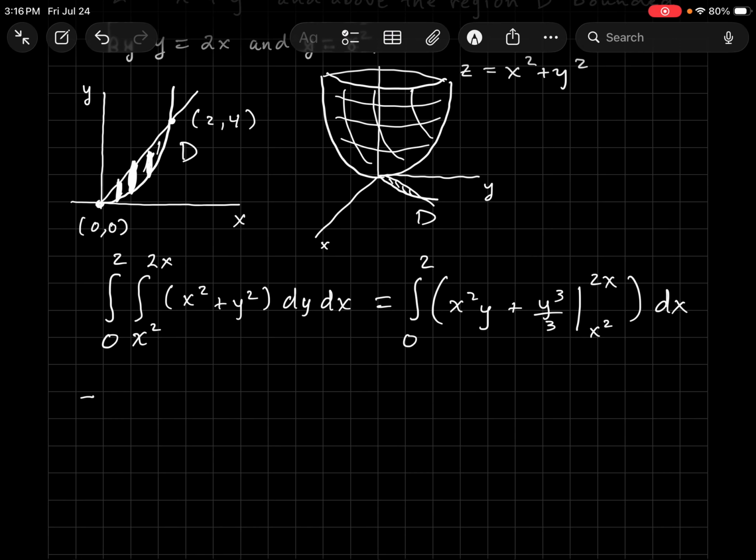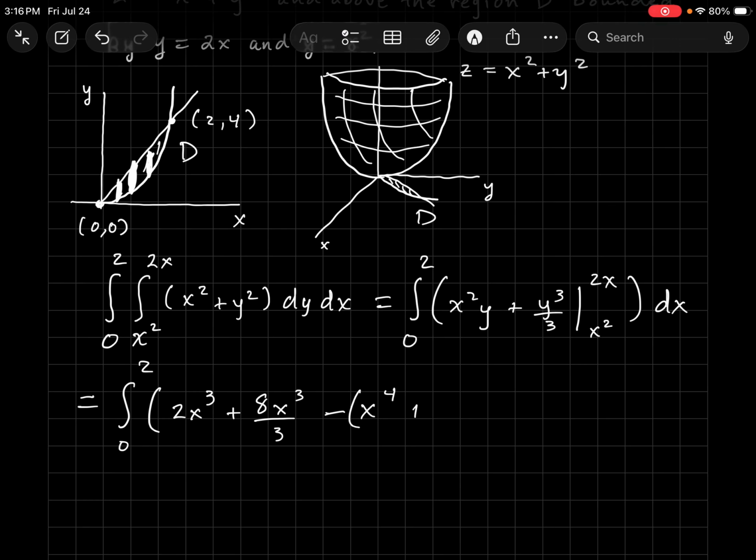Let's plug in 2x for each y. So we're going to get x squared times 2x plus 2x quantity cubed over 3 minus, now let's plug in our lower limit for y, x squared times x squared, and then plus, but I'm distributing the negative sign here.